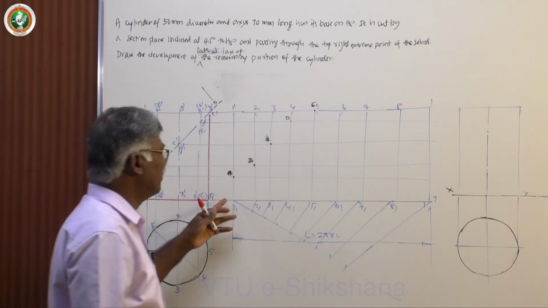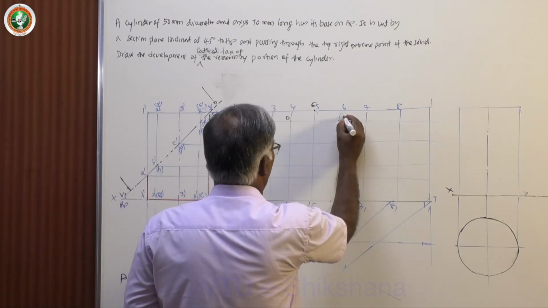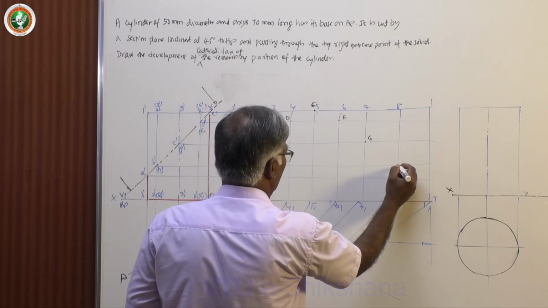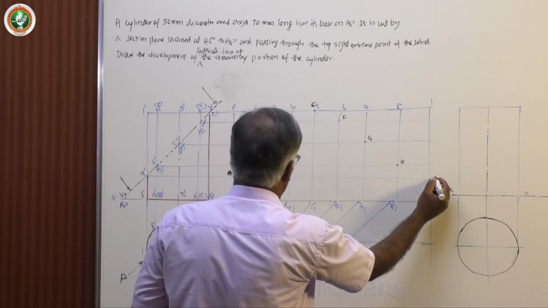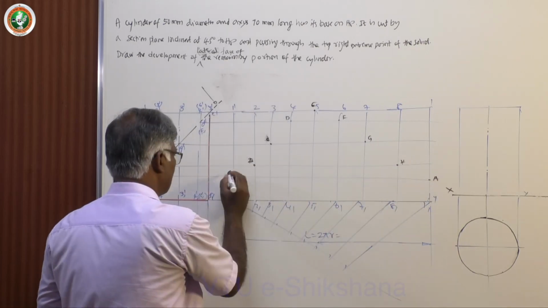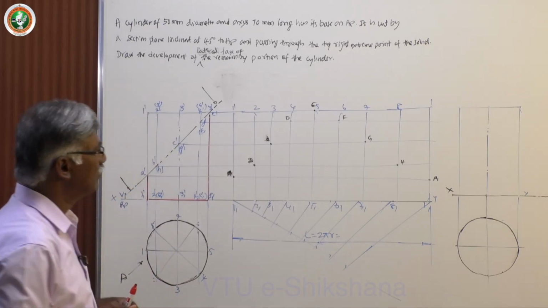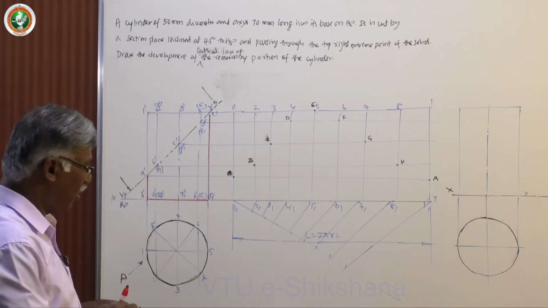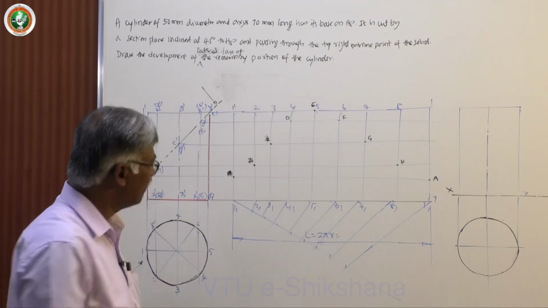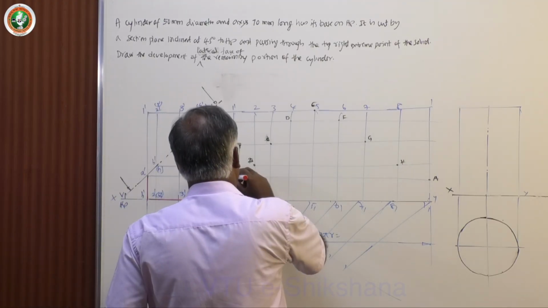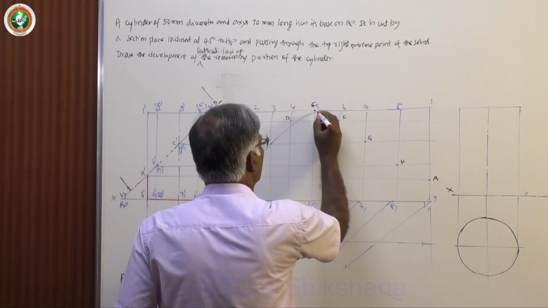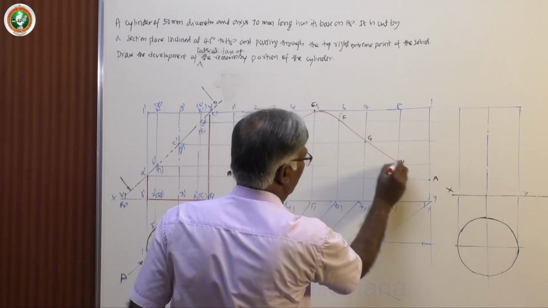Naming is very important. E, F, G, H, again A. Then draw the profile, a smooth curve covering all the points.